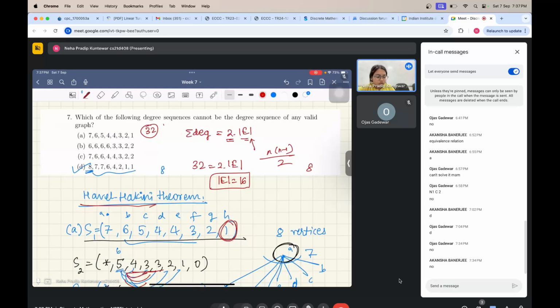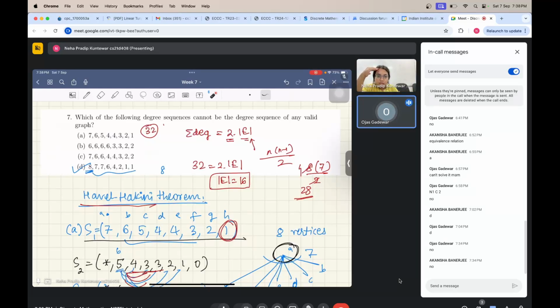So the total number of edges that you are allowed to have is 8 times 7 by 2, which is 28. So this is valid so far, right?